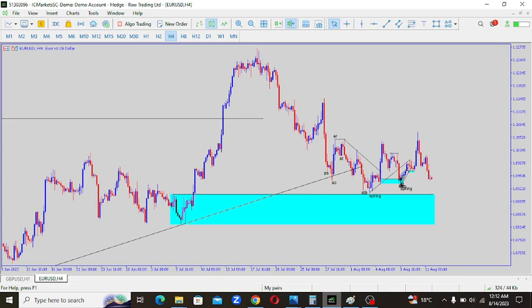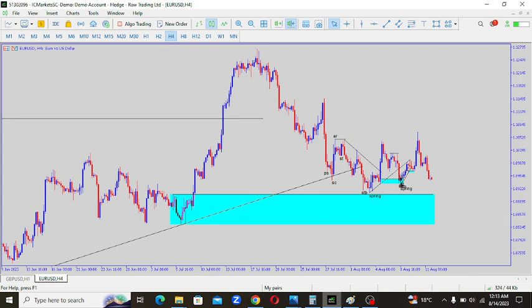On GU, it was a 1:60 risk to reward trade, and Euro USD was 1:80 risk to reward. GBP USD was 1:60 risk to reward. So yes guys, here's another one.